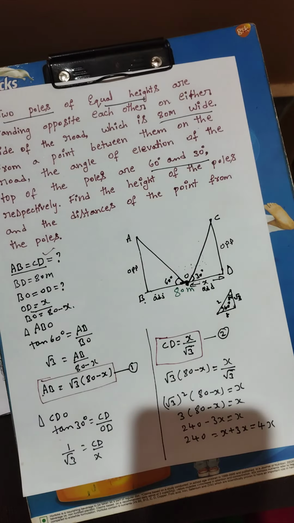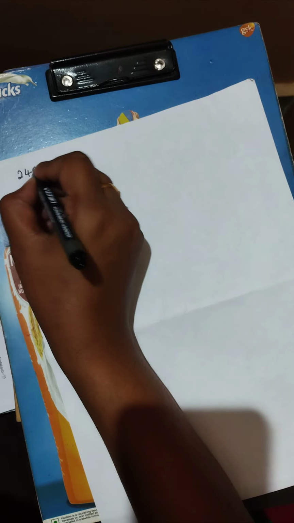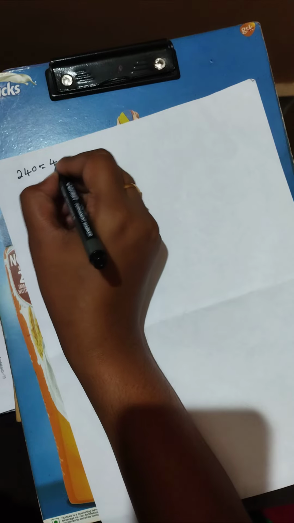Let me take one more sheet to solve the continuation of that, for our convenience. Now observe here, what we got, 240 we got, right? 240 equal to 4x we get.